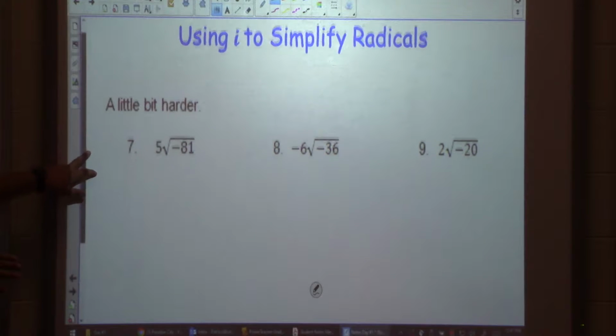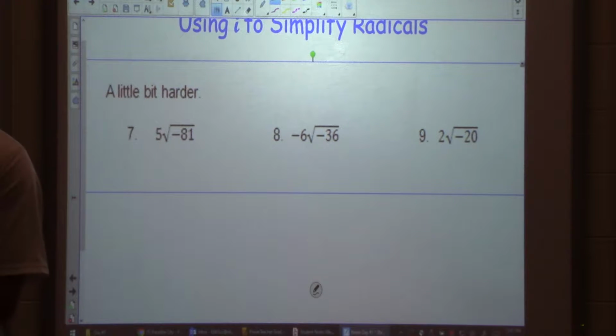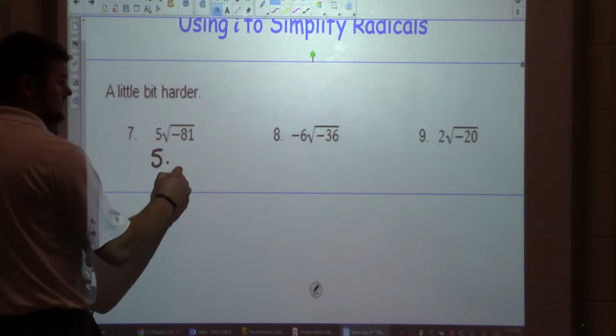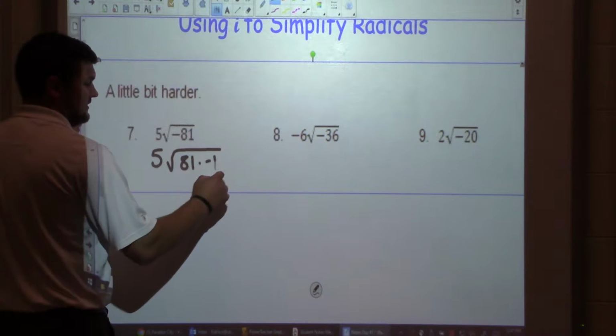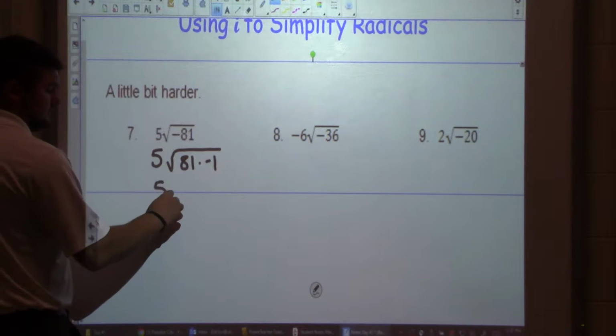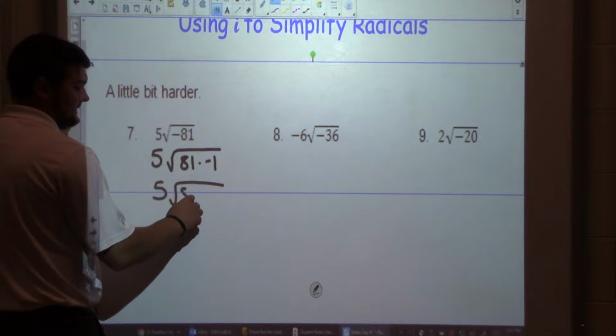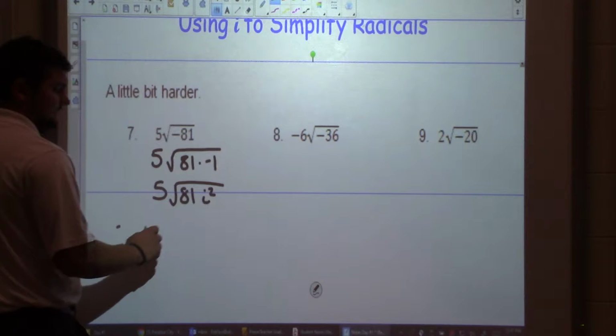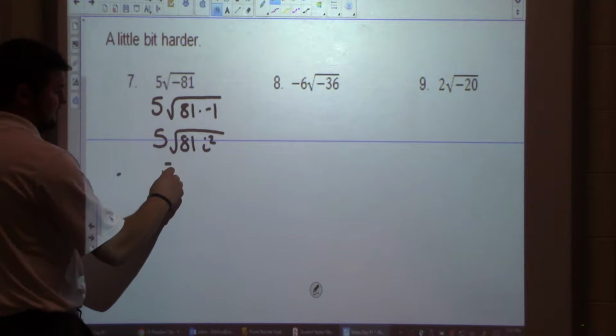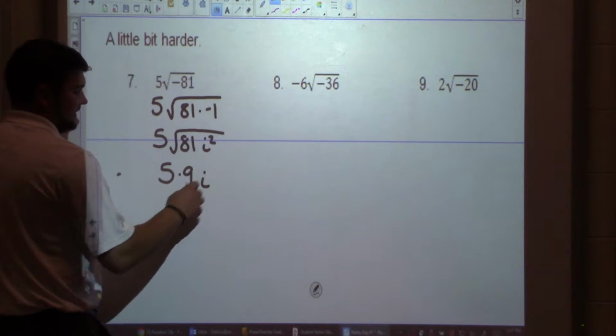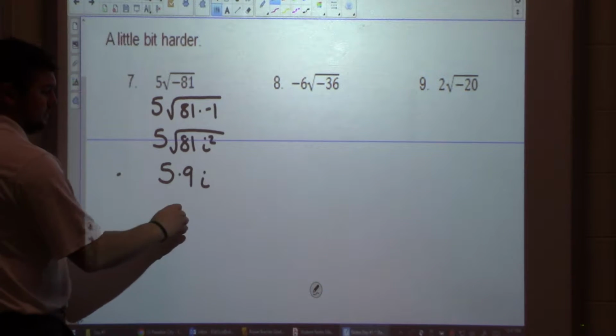5 times the square root of negative 81. How do you guys think we're going to do that? 5 root 81 times negative 1, and then 5 root 81 times i squared, and then 5 times 9 i, and then 45i.